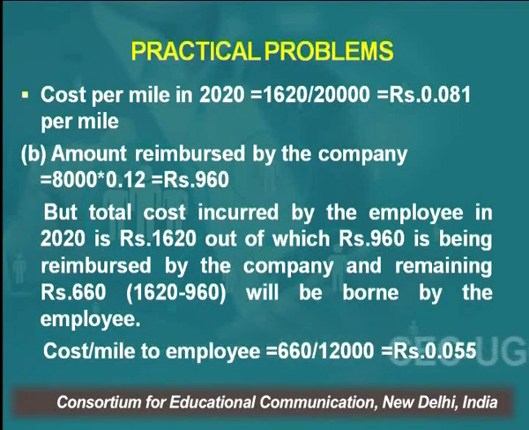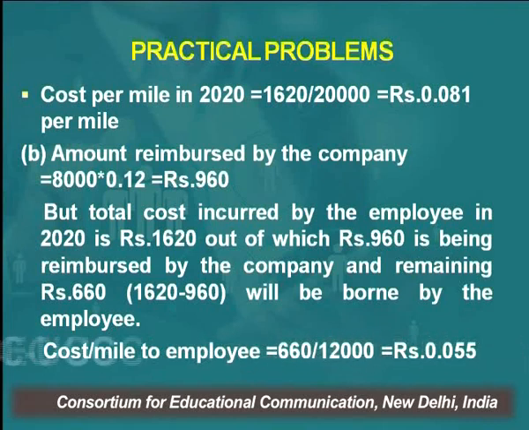The second part of your answer is that we have to calculate the amount reimbursed by the company. So how much amount will be reimbursed? 8,000, because he has used 8,000 for official purposes, 12,000 for personal purposes. So 8,000 multiplied by 0.12, that comes to be 960.